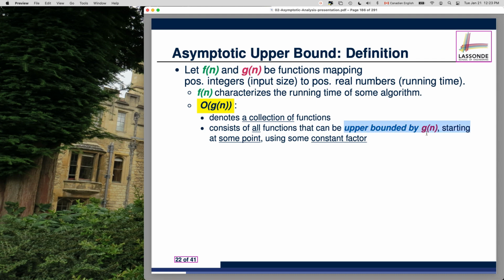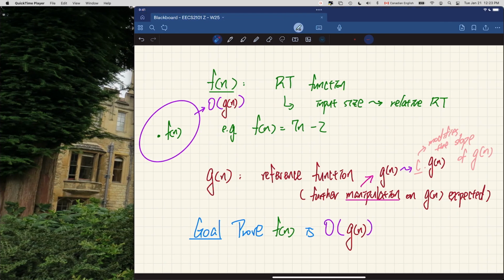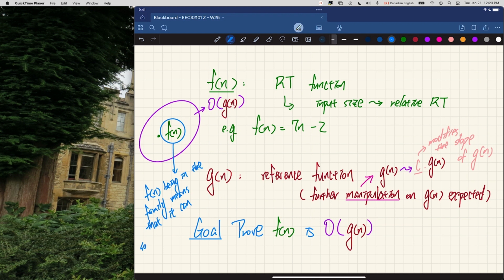All the functions in this particular family, if f of n being in the family means that it can somehow be, we call, upper bounded by g of n.